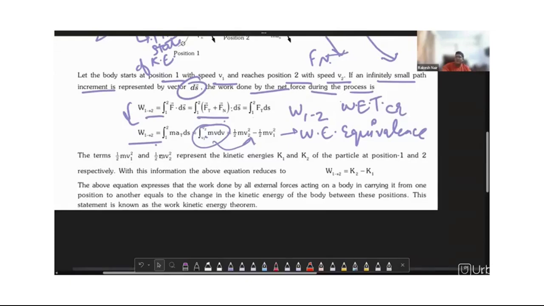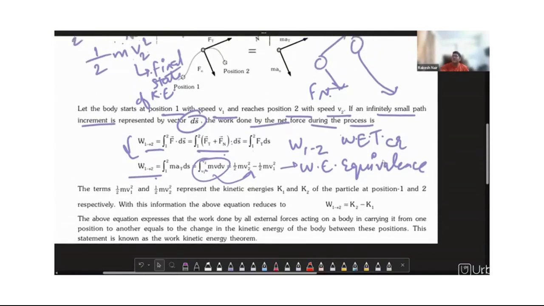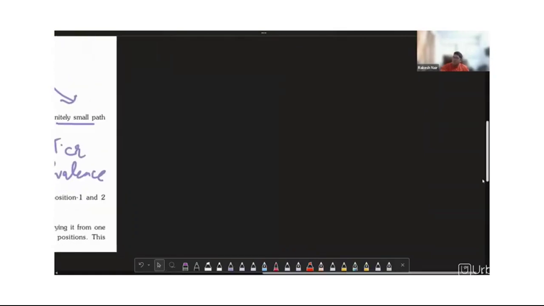The terms half m v1 square and half m v2 square represent the kinetic energies. So for work 1 to 2, we get kinetic energy 2 minus kinetic energy 1. This expression depicts that the work done by all the external forces acting on a body in carrying it from one position to another equals the change in the kinetic energy of the body between these states. This is known as the work kinetic energy theorem.